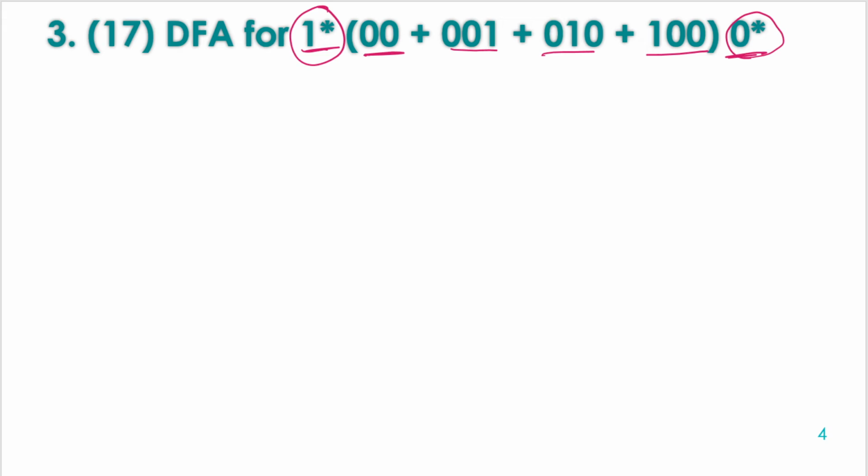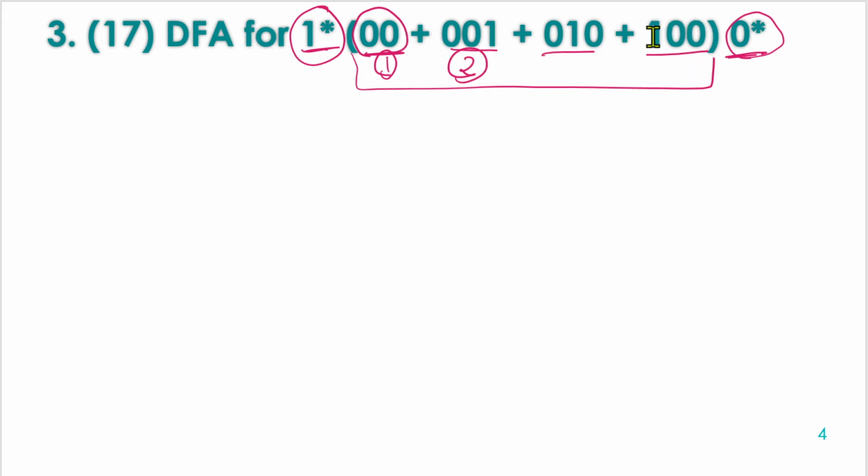Now, if we look carefully at these patterns, you can notice that 00 is common to this pattern and also to this pattern. As all these symbols are in an OR relation, it indicates that we must receive at least one pattern from this set, either 00 or 001 or 010 or 100.